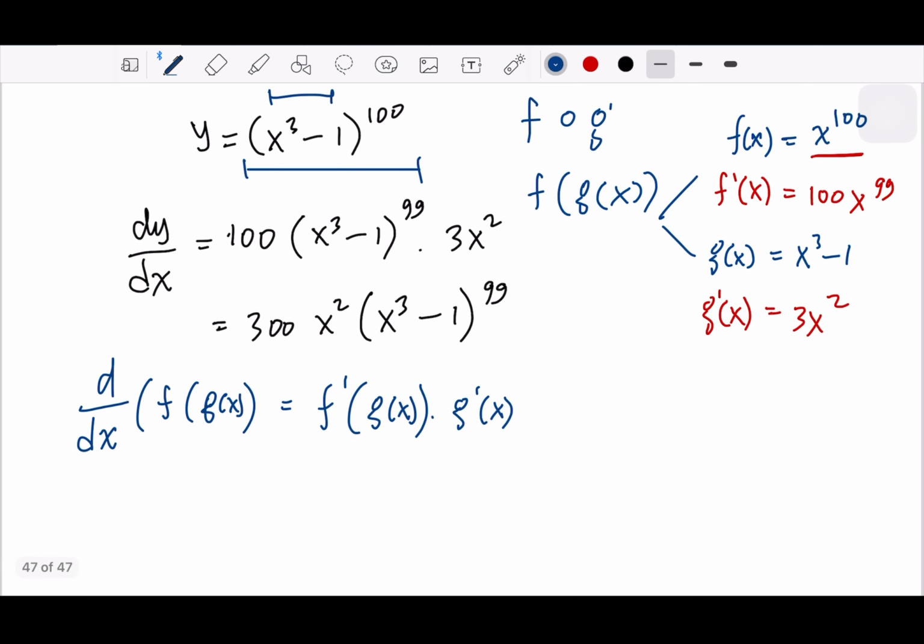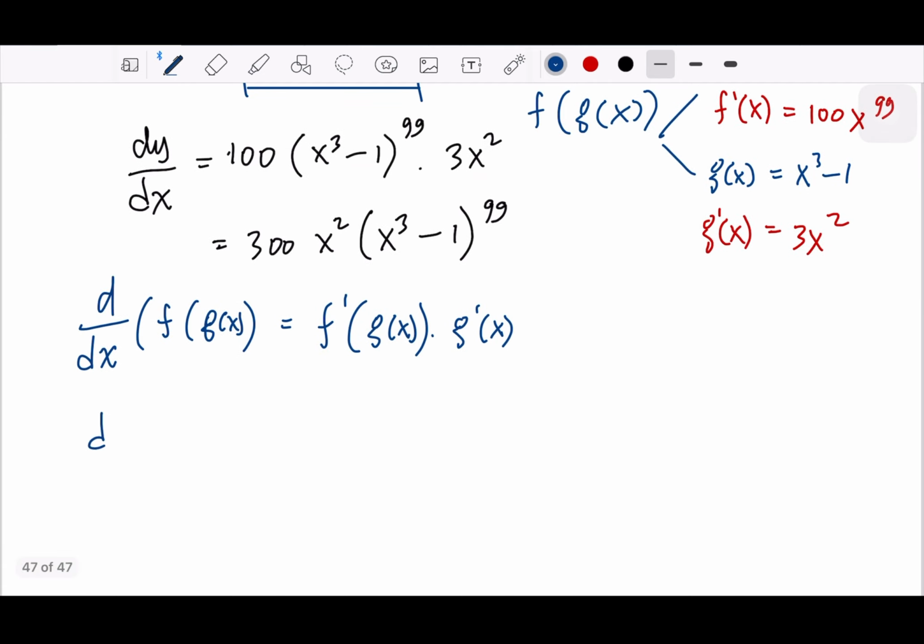And then what happens if you have more composites? Like inside the function, you still have functions, and inside those functions still more functions, like a sandwich.